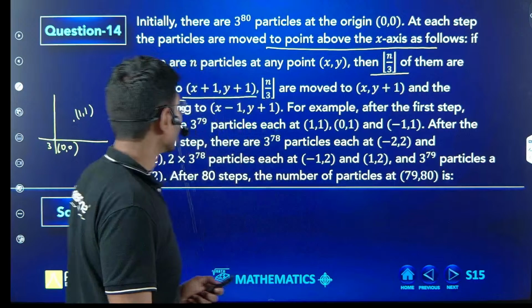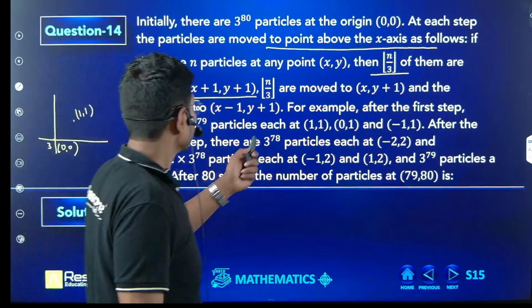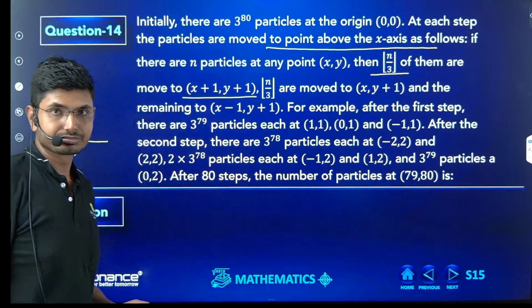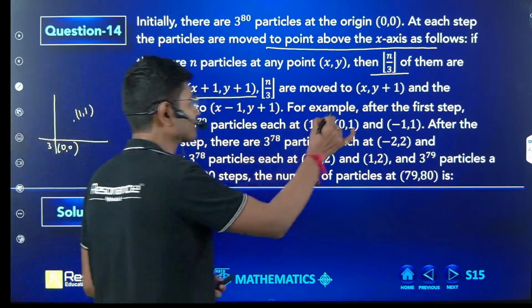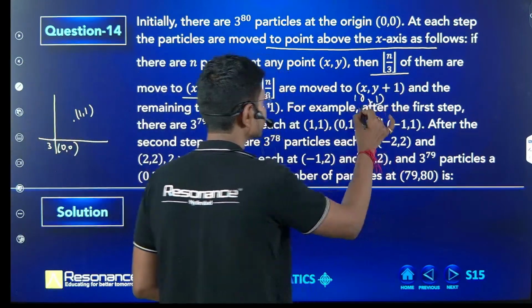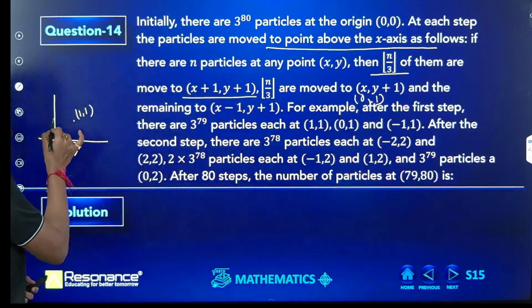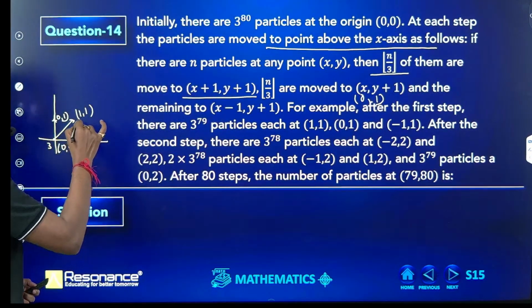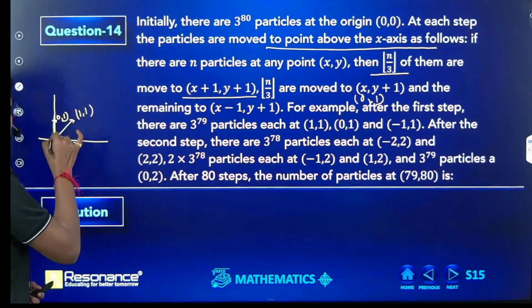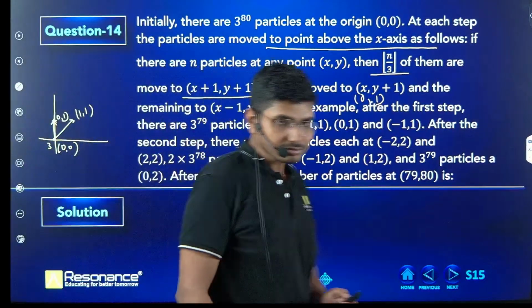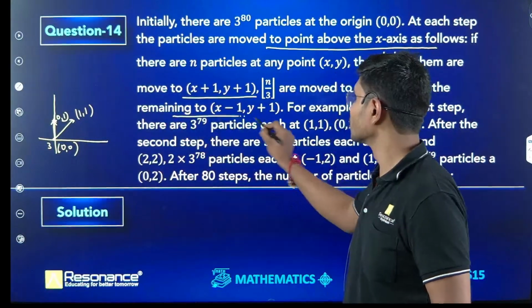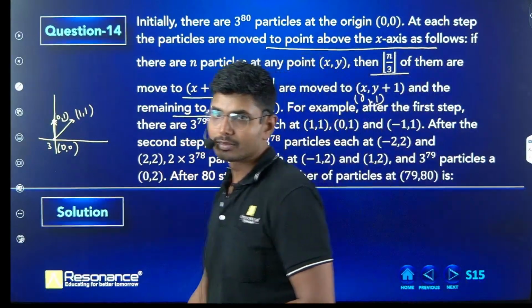Now, what are they saying? N by 3 are moved to x, y plus 1. What is the meaning of x, y plus 1? It is 0, 1. So one particle will move in this direction, one particle in this direction. In the last case, the remaining will go x minus 1, y plus 1.